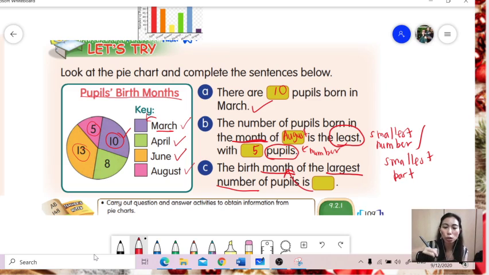Largest number means largest part or largest portion. So who's the largest portion here? It is the orange color. The key here is June. So you just mention the month of June. Okay, so that's how we do for the pie chart. That's how we gain information from the pie chart.